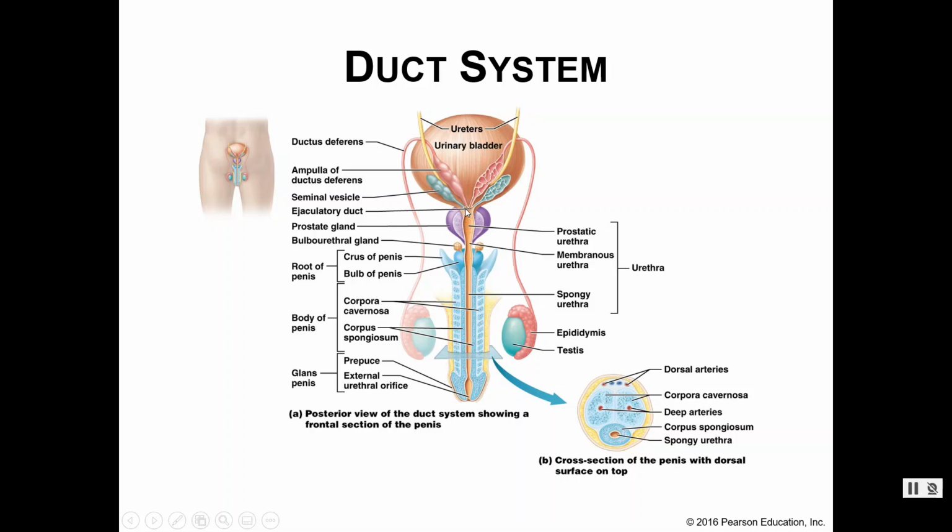Remember, that's just very short, and it's where the vas deferens and the seminal vesicles dump fluids. Then we've got the prostatic urethra, which runs through the prostate. The membranous urethra is next. And then we've got that spongy urethra that runs the length of the penis. So that just gives us a visual of what we've been talking about.